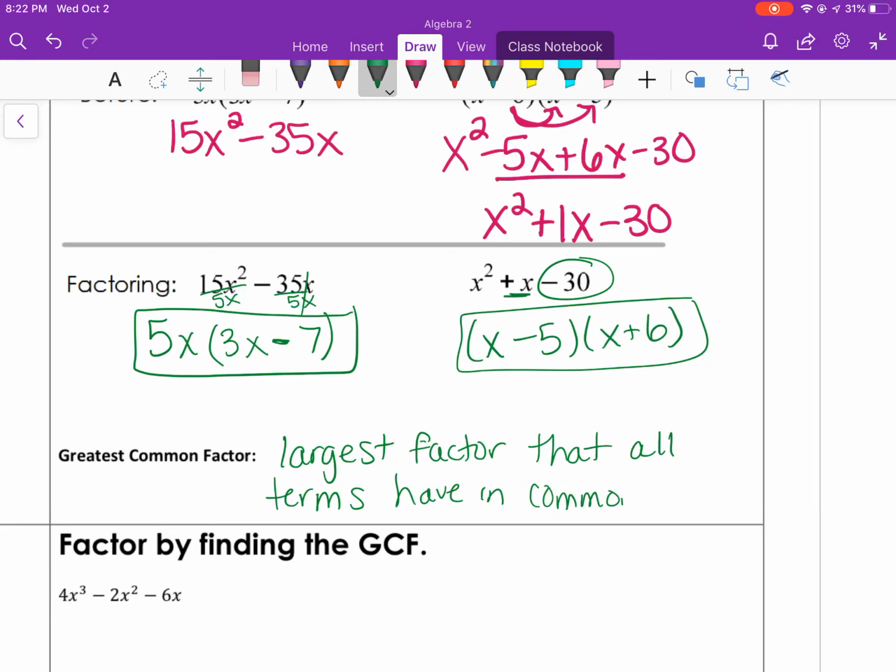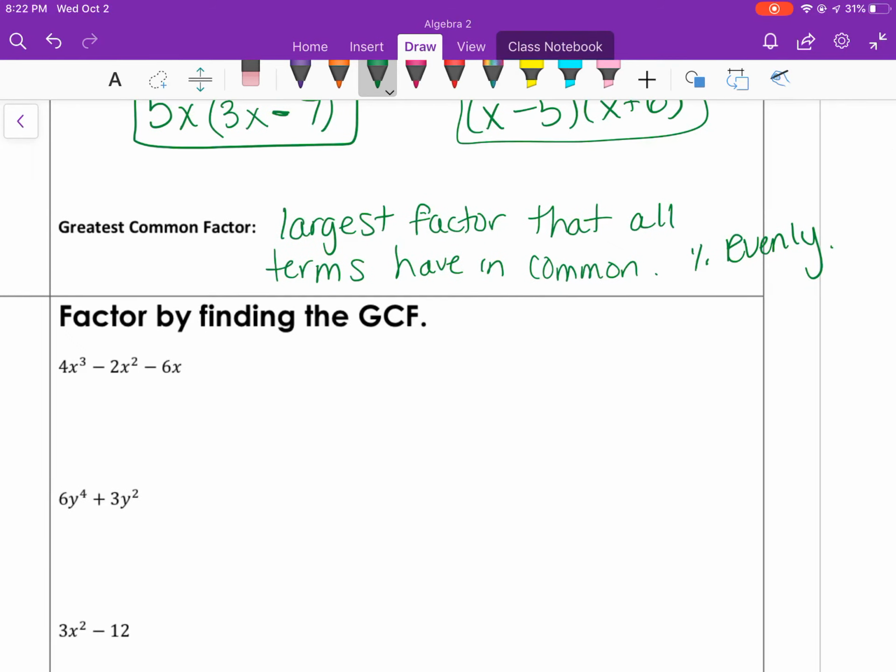What is the biggest thing that you can divide everything by, evenly? So you need to divide evenly. Okay, so I like to look at my numbers first. If I'm looking for the GCF, between 4, 2, and 6, my GCF will be 2. I can divide them all by 2. That's the biggest number I can divide all of those by.